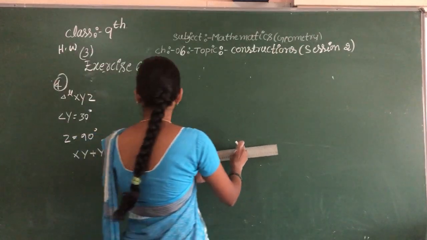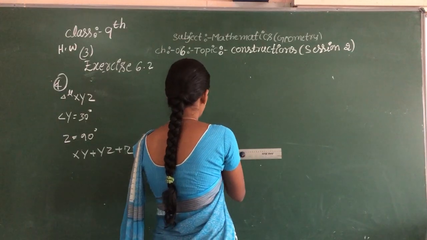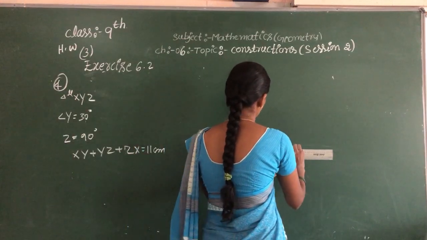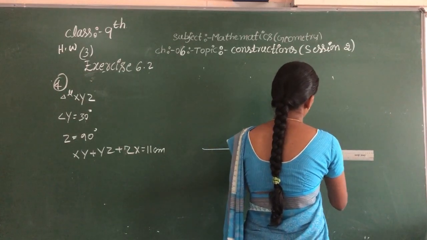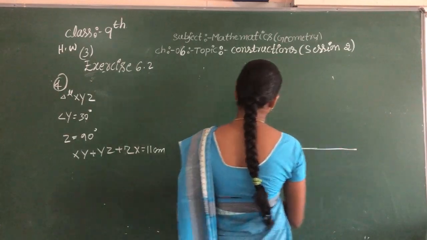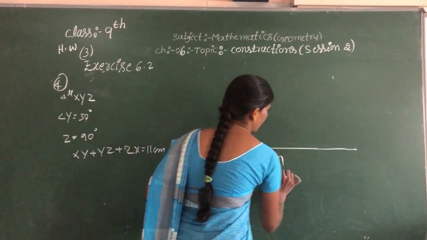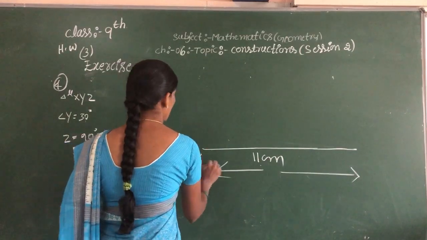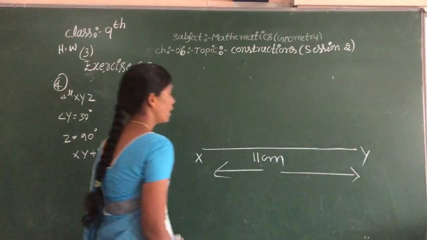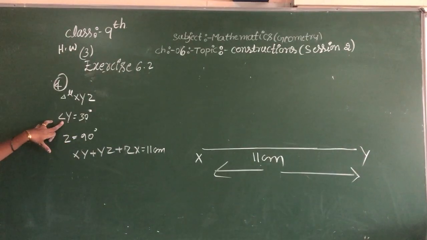First one, how many? XY, YZ, ZX is equal to 11 centimeter total. You should write only that, not even justification. Okay, so we should keep angle Y at 30 degree and angle Z at 90 degree.